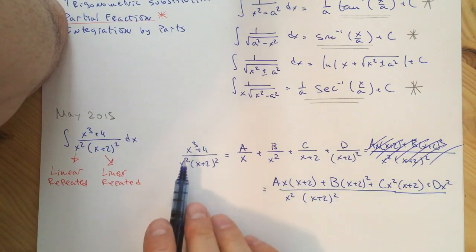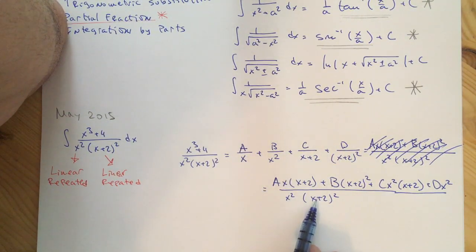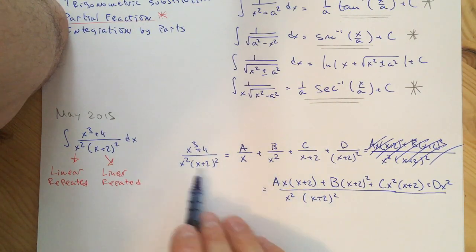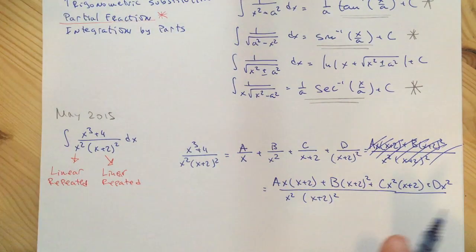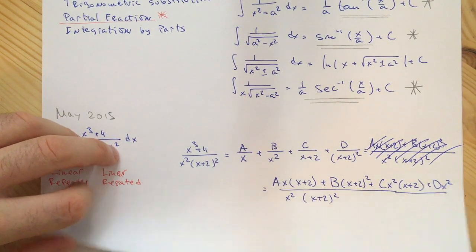Okay, and once I have brought this expression under common denominator, now I can just concentrate on the numerators. Once the denominators are equal, I can concentrate on the numerators, which will help me evaluate a, b, c, and d in our case, right?